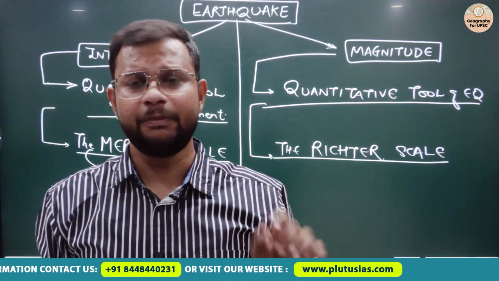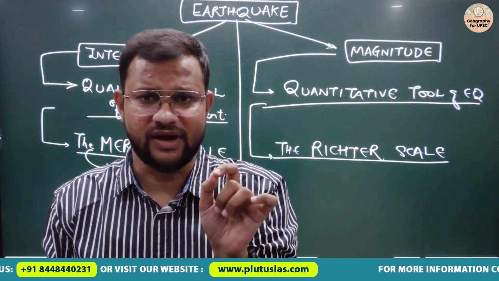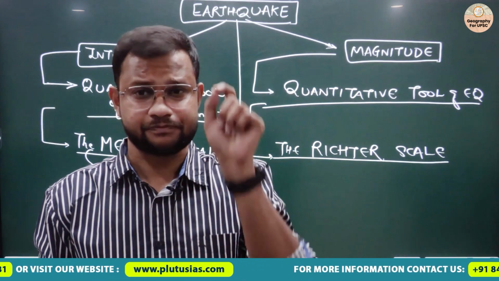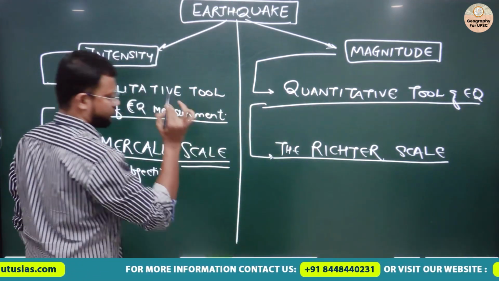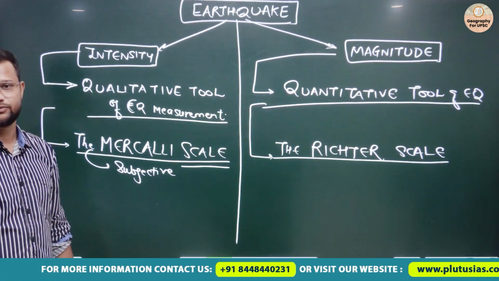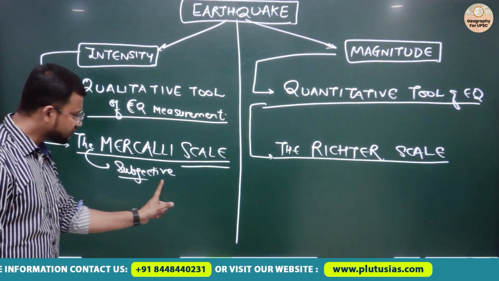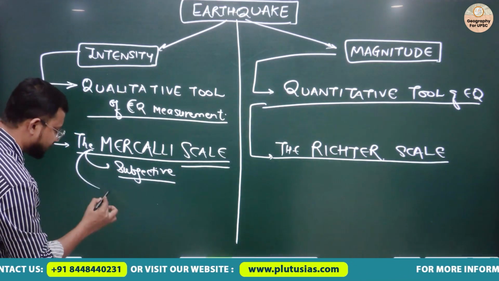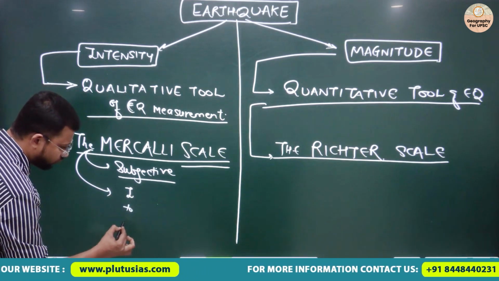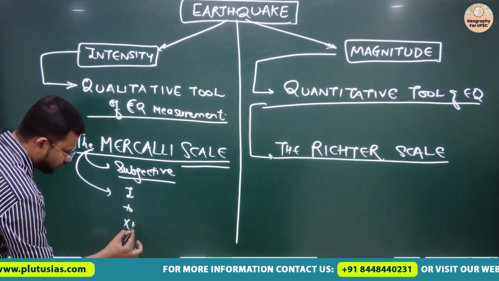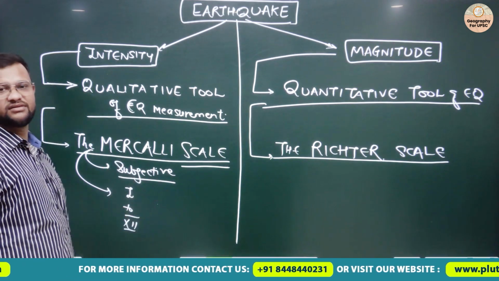So based on your individual understanding, it's about how this earthquake release actually was. So this scale is highly subjective and it is considered on a 1 to 12 scale range.